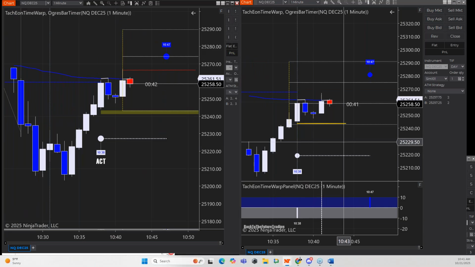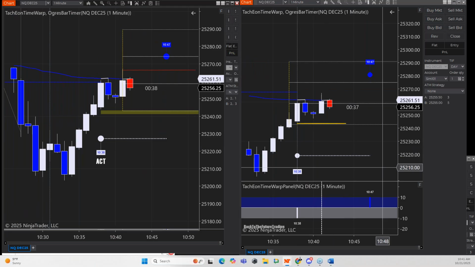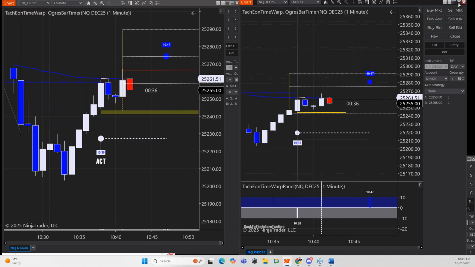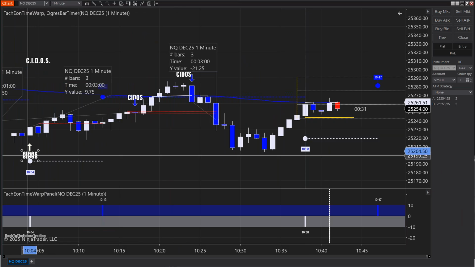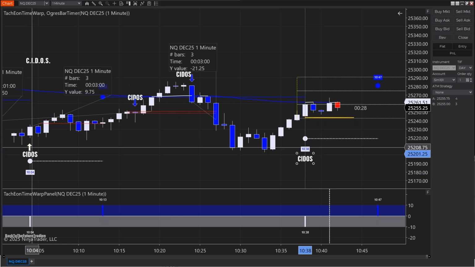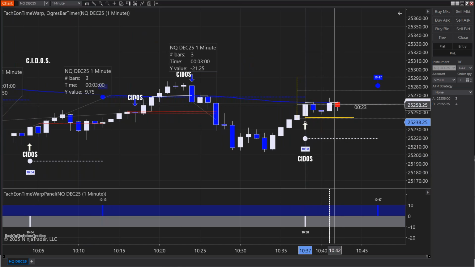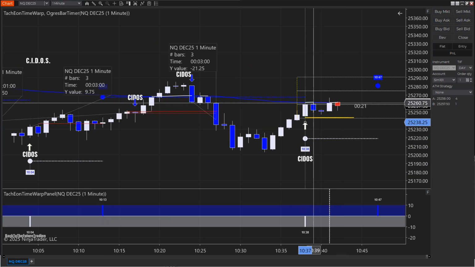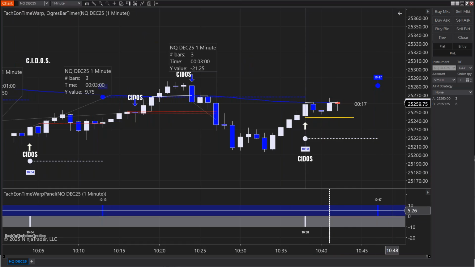So we're done here. There is another CDOS right here. We'll blow this up. 1038 was a buy signal. It was a CDOS. And we just got taken out on our break even play. So if we have another high closed candle, that's another opportunity.